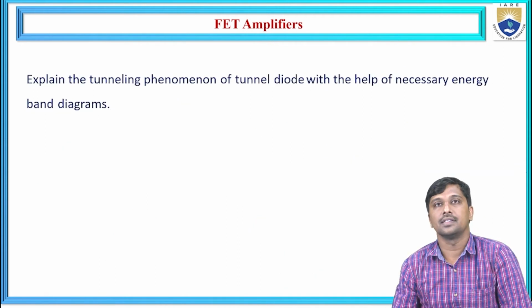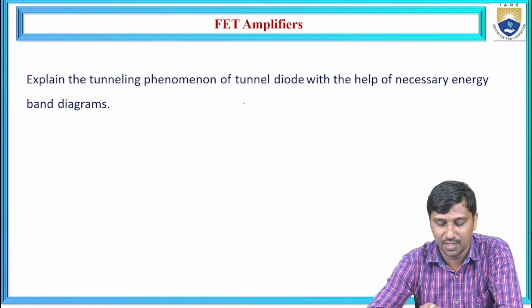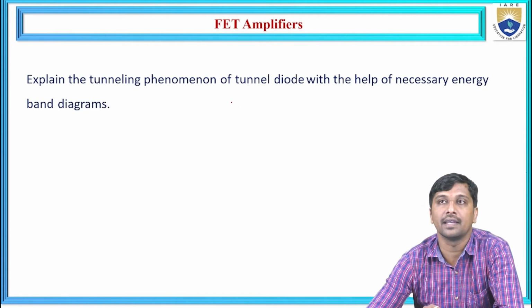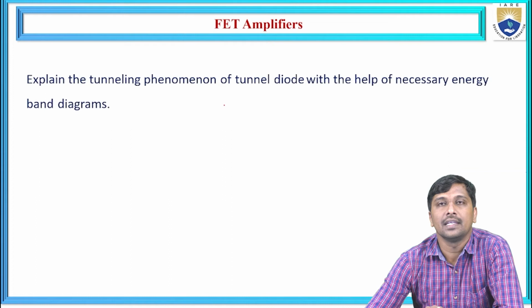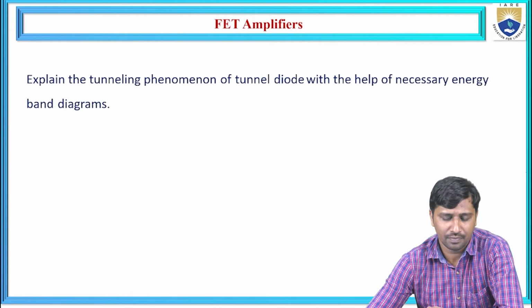Now the next question is, explain the tunneling phenomena of a tunnel diode with the help of necessary energy band diagram. For this question, you should first write what a tunnel diode is, and then the difference between an ordinary diode and a tunnel diode.